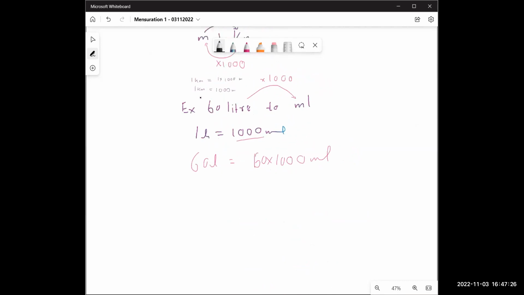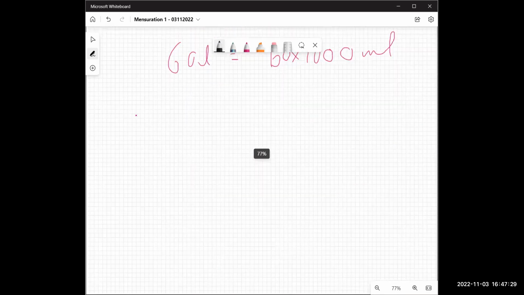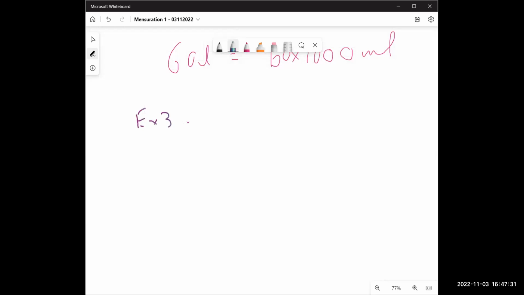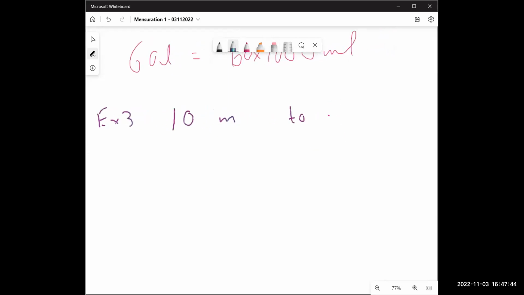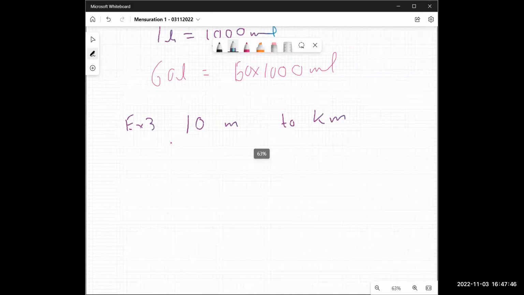Now the question I'm asking you is the next example. We have to go from, let's say, 10 meter to kilometer. How do I do this? We divide.